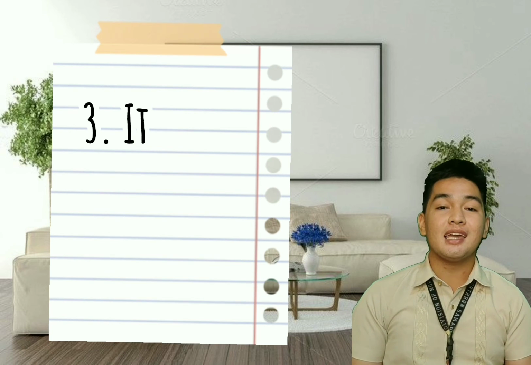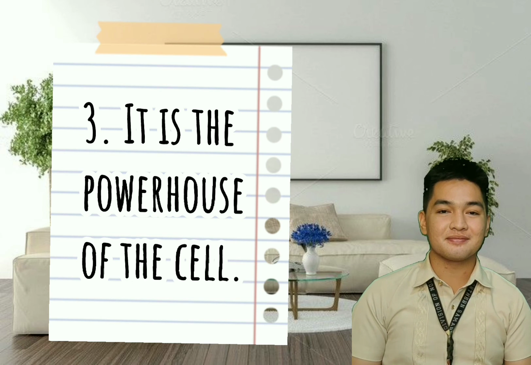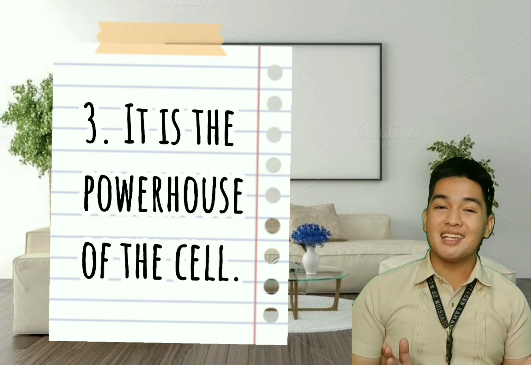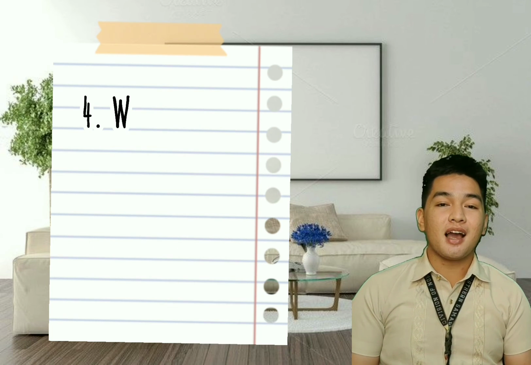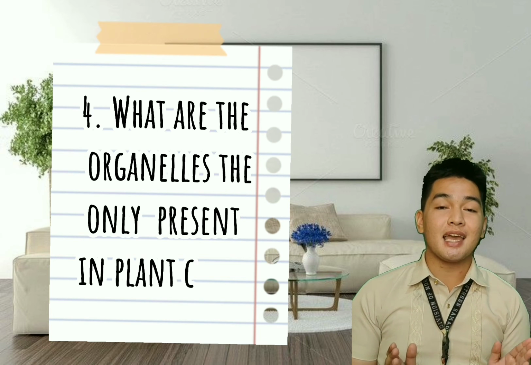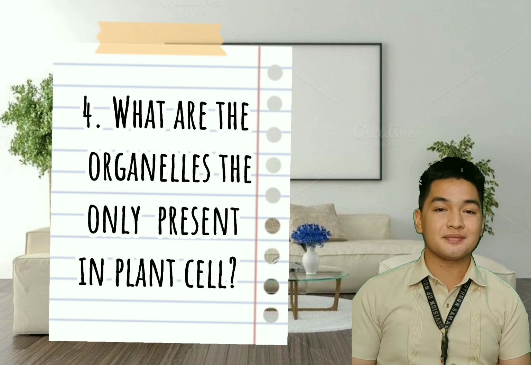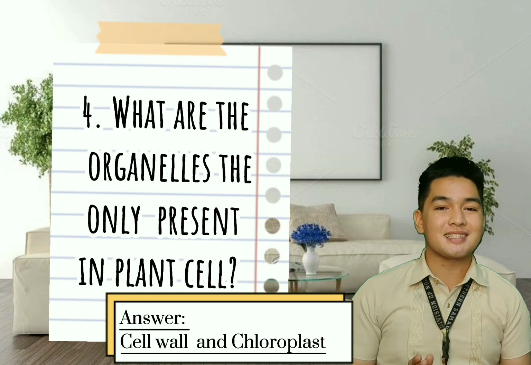Third, it is the powerhouse of the cell. Correct. The answer is mitochondria. Fourth, what are the organelles that are only present in plant cells? Correct. Cell wall and chloroplast.